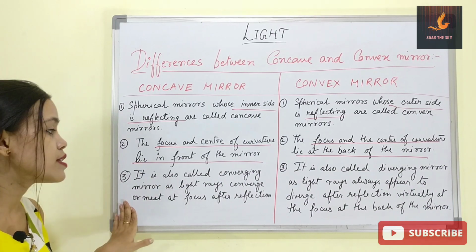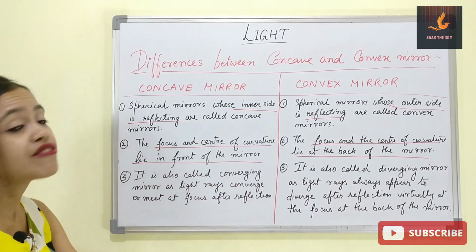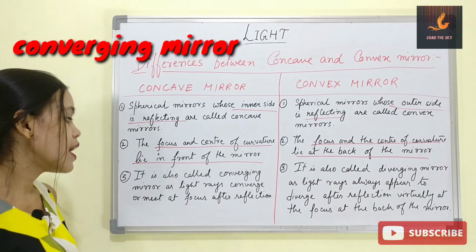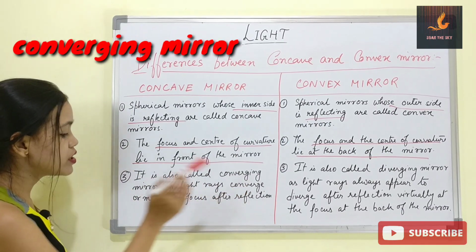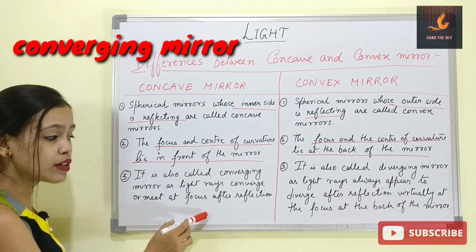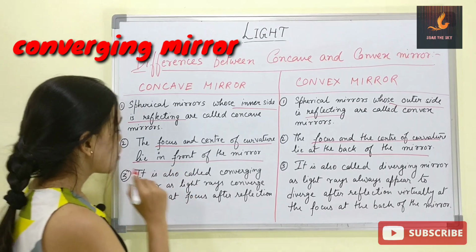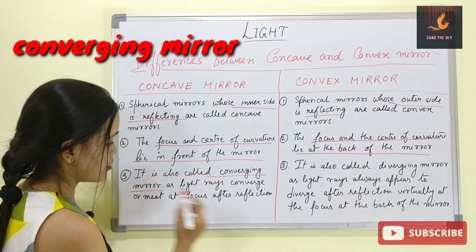The third point is that the concave mirror is also called a converging mirror. We also know this as light rays converge or meet at the focus after reflection. So a concave mirror is called a converging mirror.